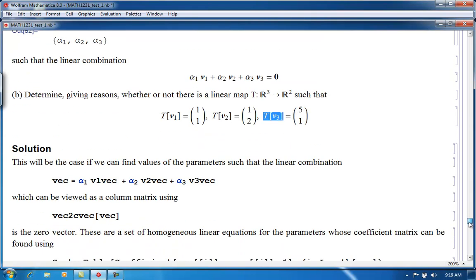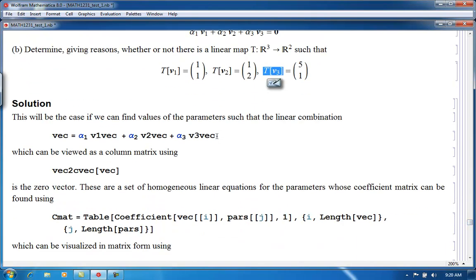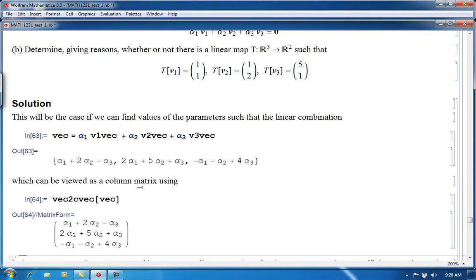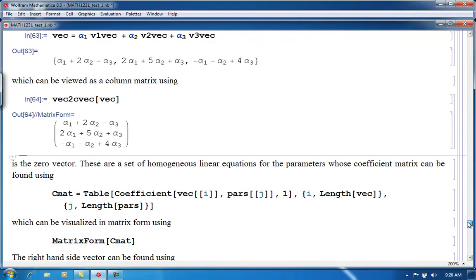So let's do the first part first, always a good idea. So we can establish this linear combination of the 3 vectors using that, and we can view that as a column vector using that, and that has to be the 0 vector.